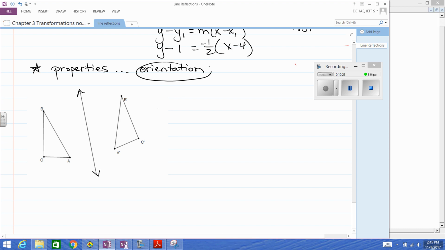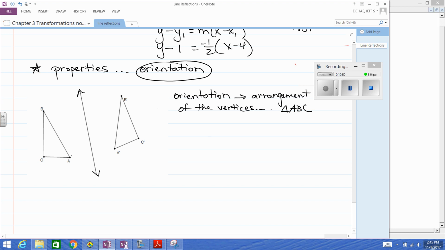First is orientation. When I look at orientation, the easiest way to describe that is that's the arrangement of the vertices. So if we're talking about triangle ABC and we talk about its orientation, then we have to talk about the corresponding triangle A prime, B prime, C prime.